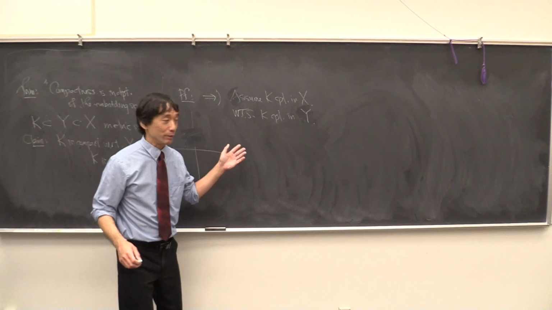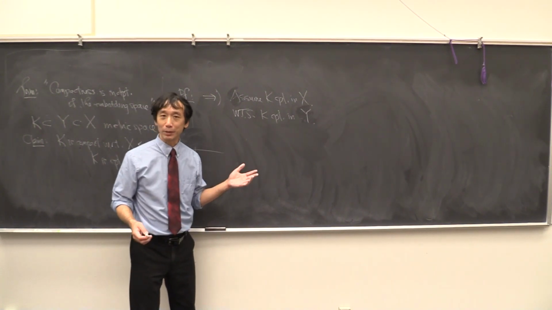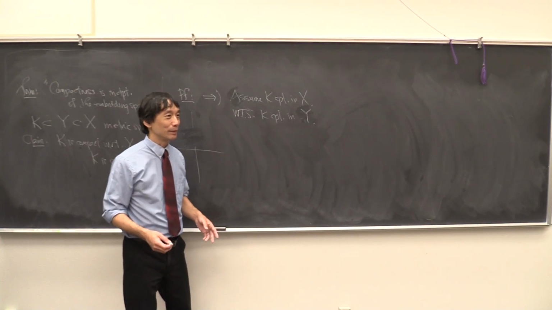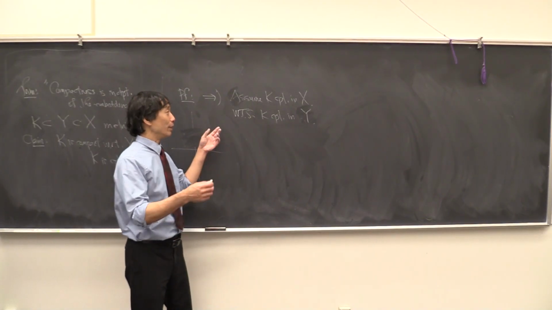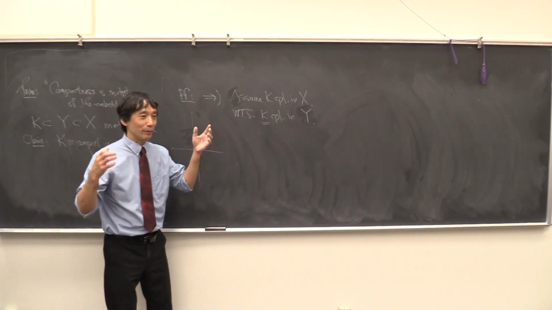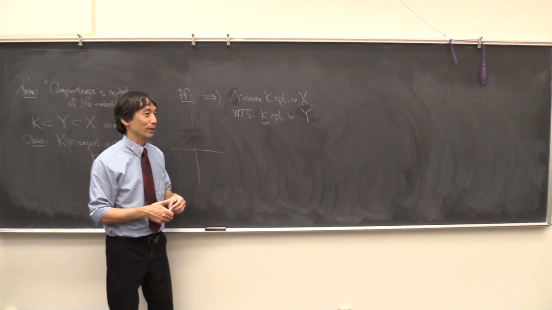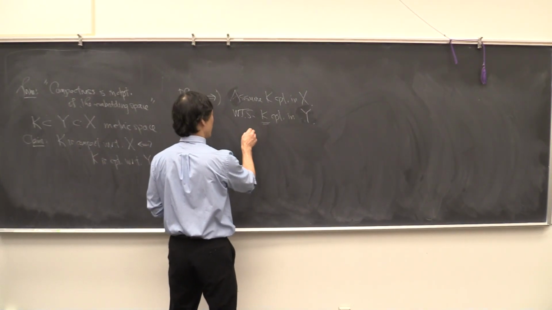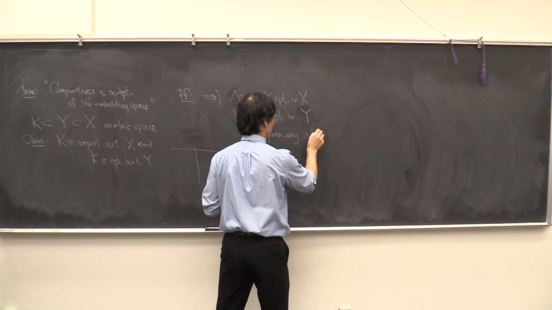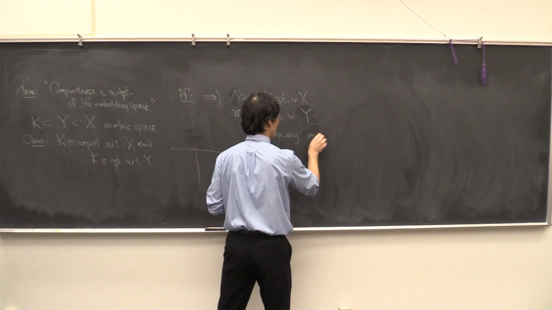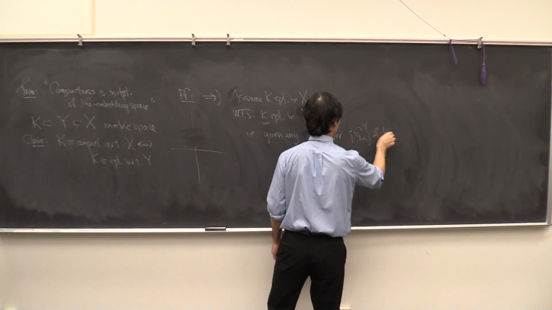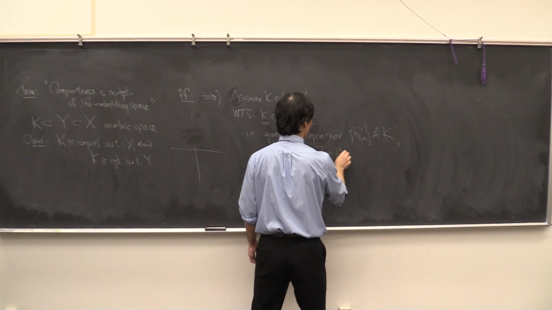So we want to show K is compact in Y. What does it mean to be compact in Y? There's a finite cover of K, but you have to put in the beginning part: given any cover, there's a finite subcover. So we want to show that given any open cover G alpha, there's a finite subcover.